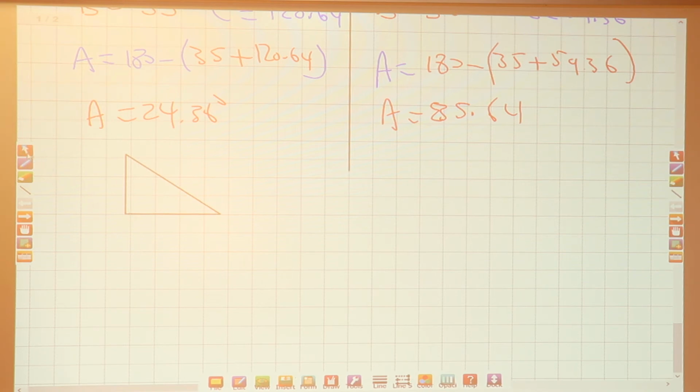Now A is 24, and one of the angles is 120. Then this one is going to be like this, 120, and this. I think this is not bad, right guys?